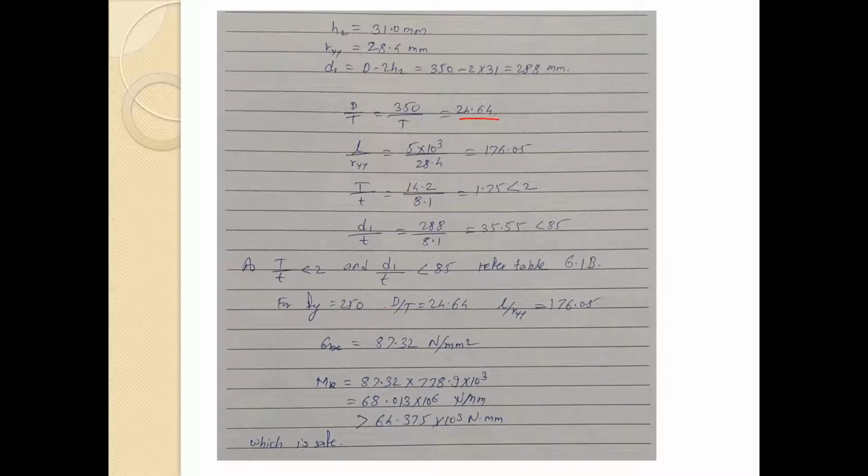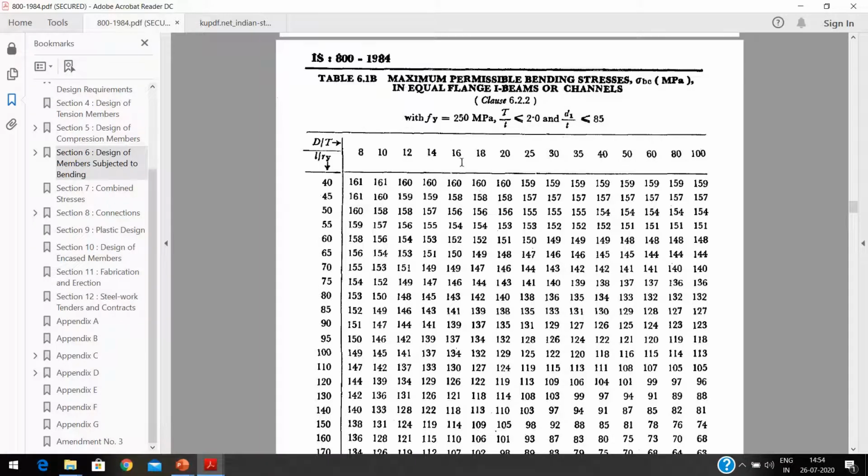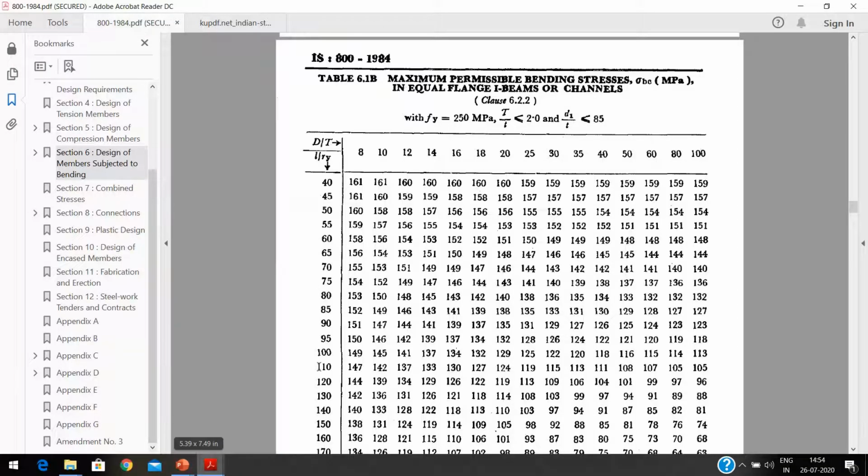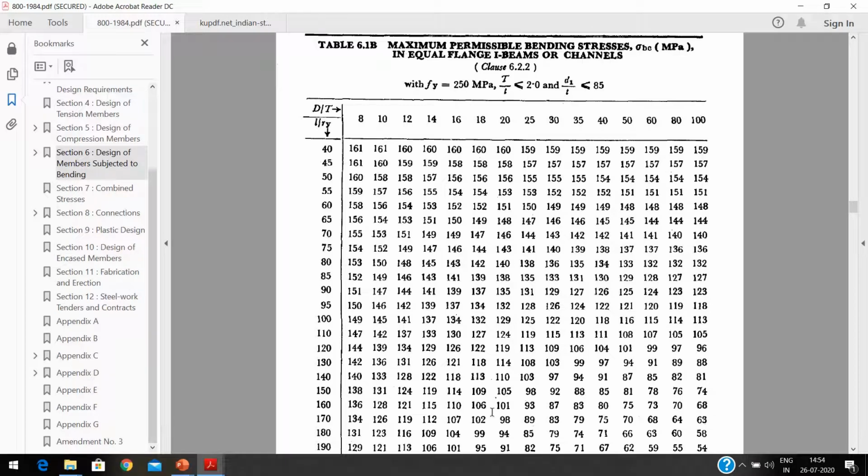So for Fy equals to 250, and D by t 24.64 and L by ryy 176.05, 24.64 is in between these two, and 176.05 is in between the other two.